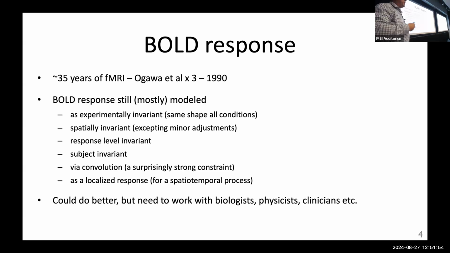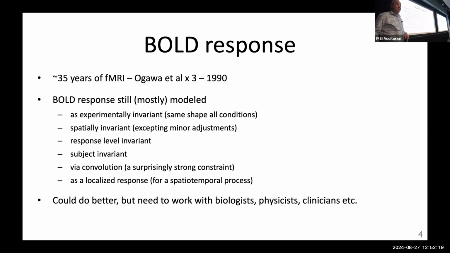Despite all that time having passed, the bold response is still mostly modeled as an experimentally invariant model. It's the same shape, all conditions. There are some exceptions I know, but in practice, it's spatially invariant: we have the same model across space. It doesn't change no matter how large the response is, the shape stays the same.